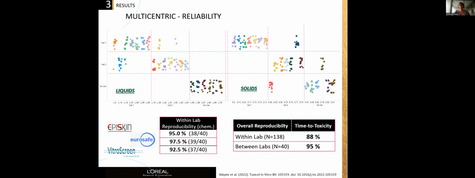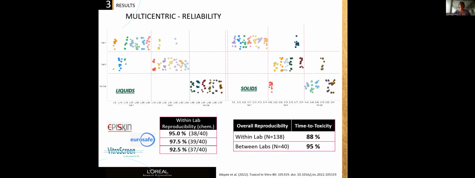And you could see, for example, for this orange chemical, that there are 8 runs that classified this chemical as category 1 and 1 that was not reproducible. And we did it for the liquids and also for the solids. And indeed, for the solids, all the chemicals were highly reproducible, and we got 100% reproducibility for the 3 labs.